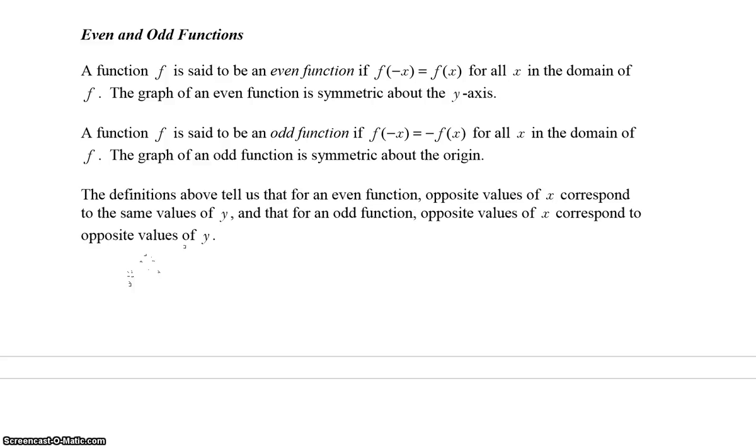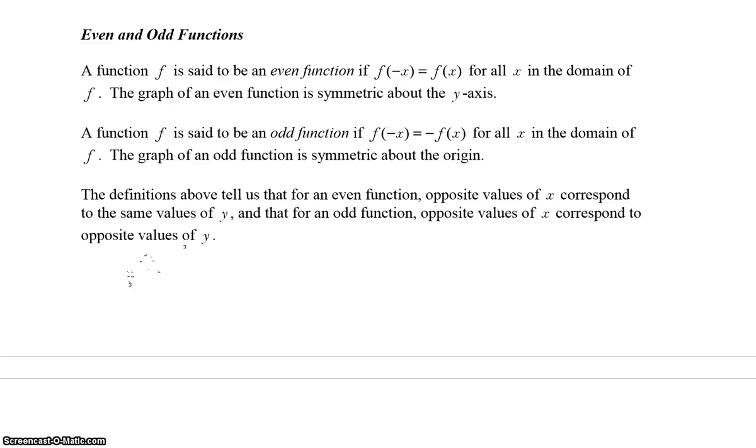A function f is said to be an even function if f of -x equals f of x for all x in the domain of f. The graph of an even function is symmetric about the y-axis. So we can look at the graph of a function and often determine whether it's an even function or not. I'll explain using the examples in just a few minutes.